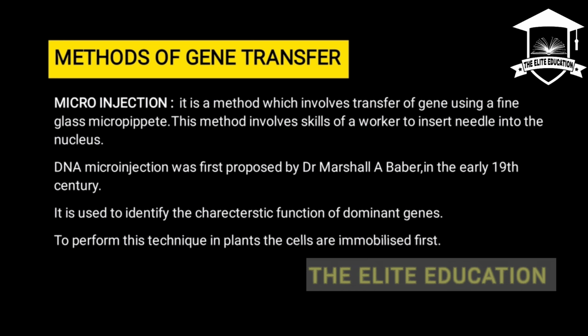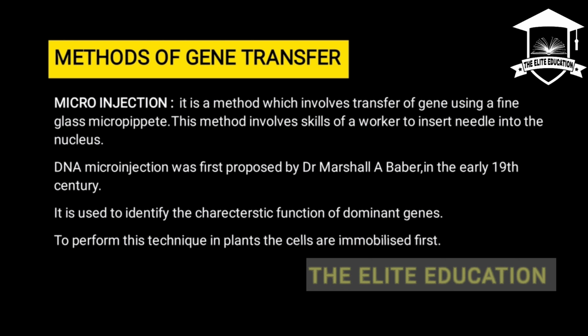They take it, they micro-inject it using a glass micropipette with a needle into the cytoplasm and then into the nucleus of the cell, and when it starts expressing, they study the characters of that gene.